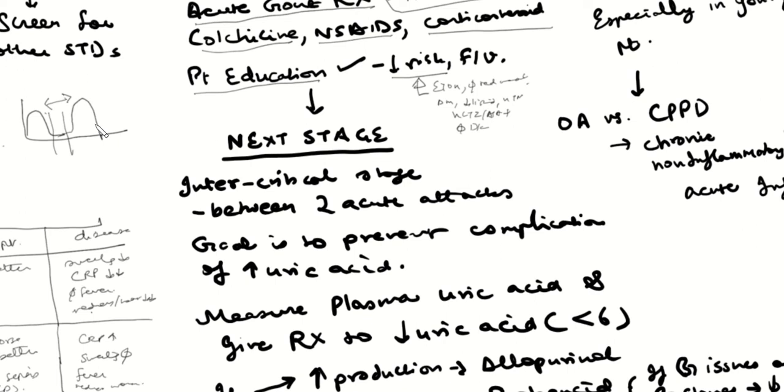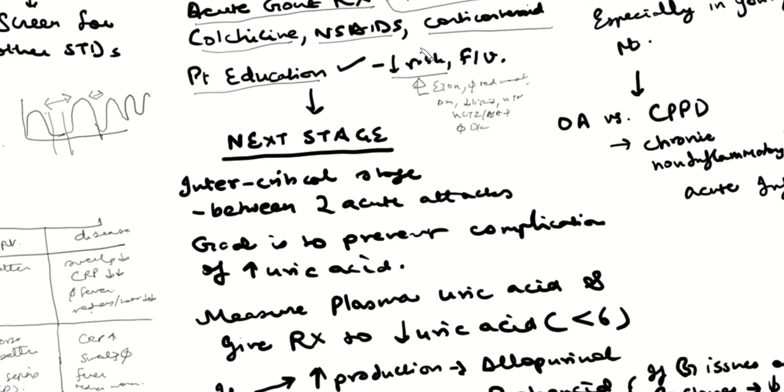So what happens if you don't treat it and it continues is the time between the two attacks decreases, or you start to get more frequent attacks, or the intercritical phase goes down. Okay, and as that's happening and the uric acid which is in excess has more time, it does end organ damage, or damage to the organ.